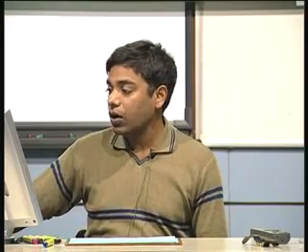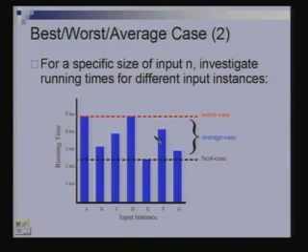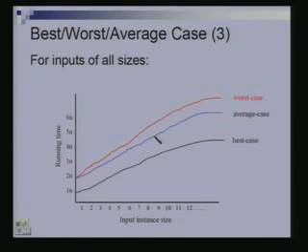So that was for inputs of one size n. That would give us the values of, we can then therefore compute worst case, best case and average case, right? Now if I were to consider inputs of all sizes, I can then create a plot of this kind.